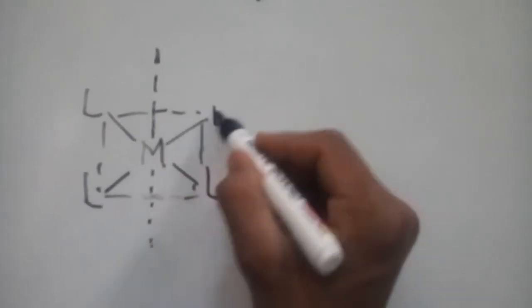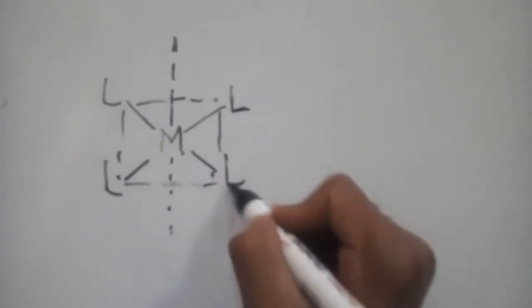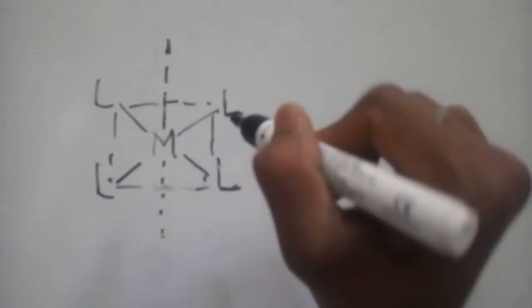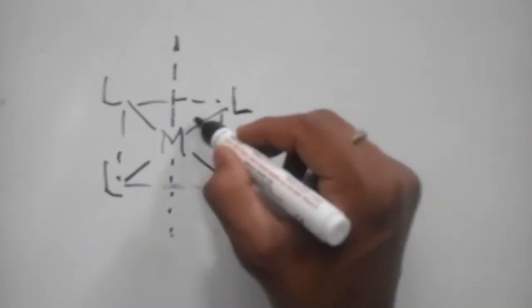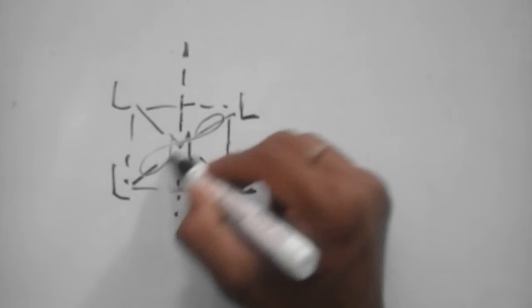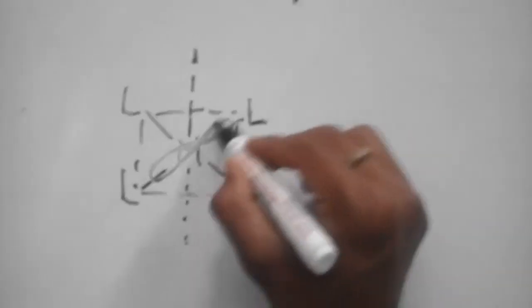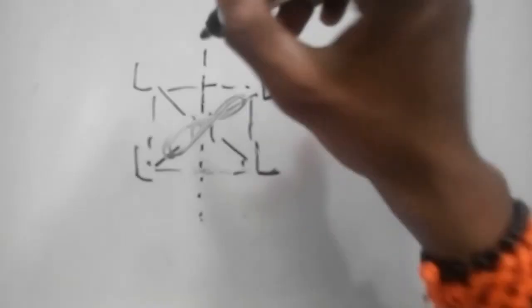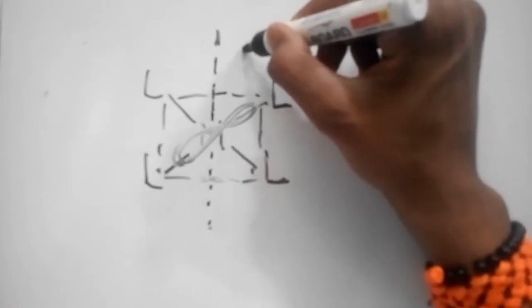As there are four ligands at the four corners, equatorial positions, the energy of the dx square minus y square orbital will remain the same, but the energy of the dz square orbital will go down.